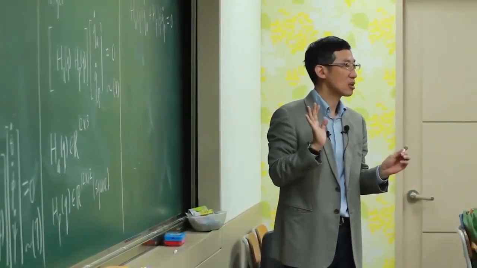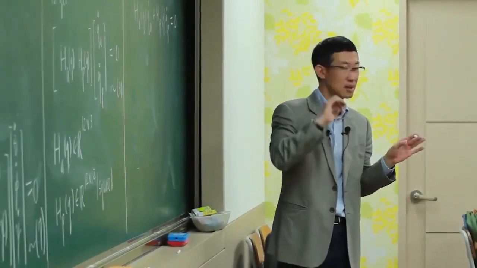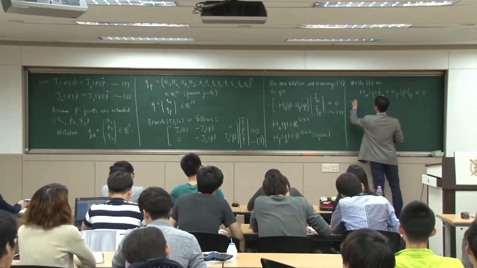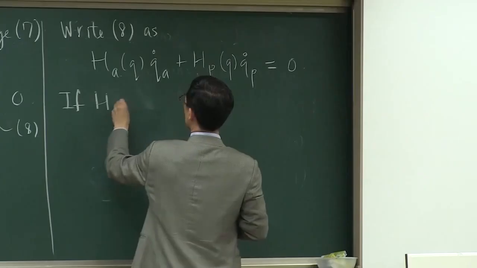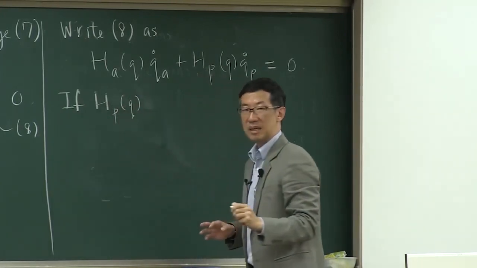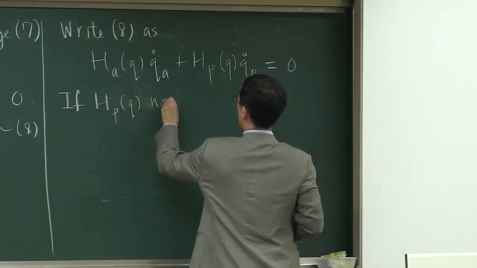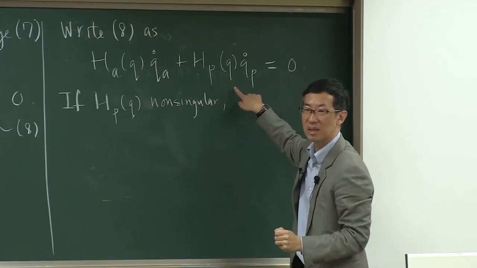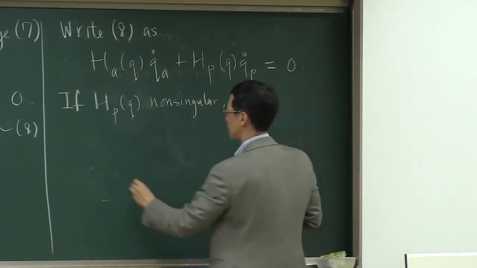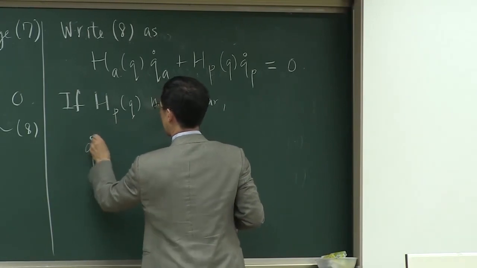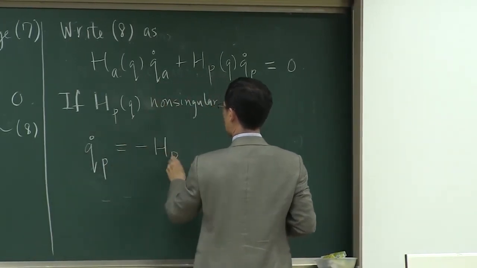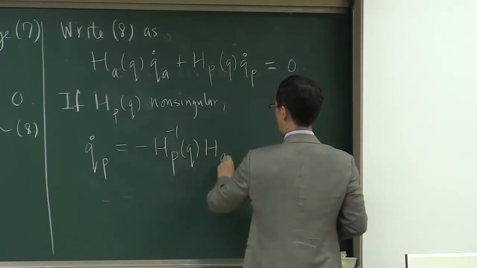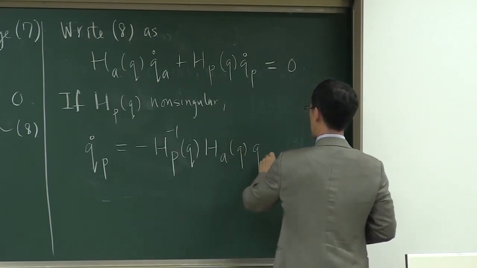If it's square, usually a unique inverse can exist, provided it's not singular. So under that assumption, if HP of Q is non-singular, what can we do? We can solve this equation for Q sub P. We can write QP dot is equal to minus HP inverse, which depends on Q, times HA Q times QA dot.